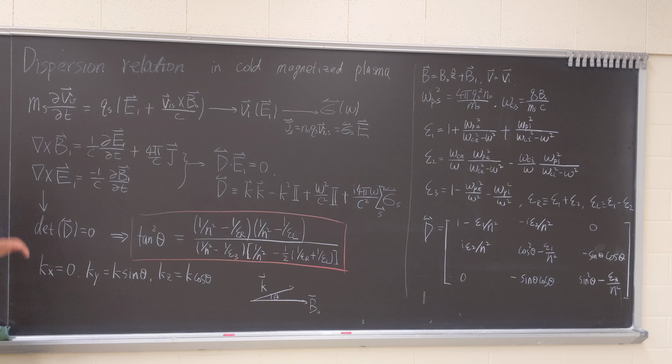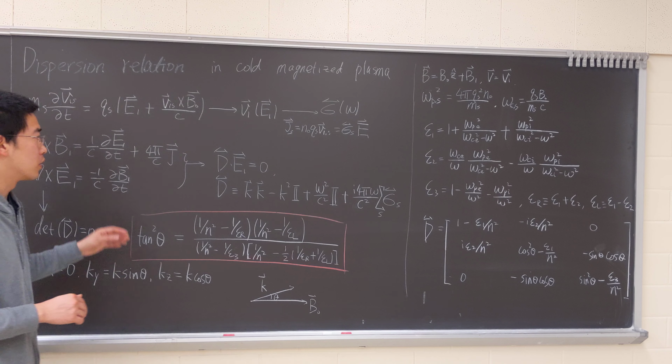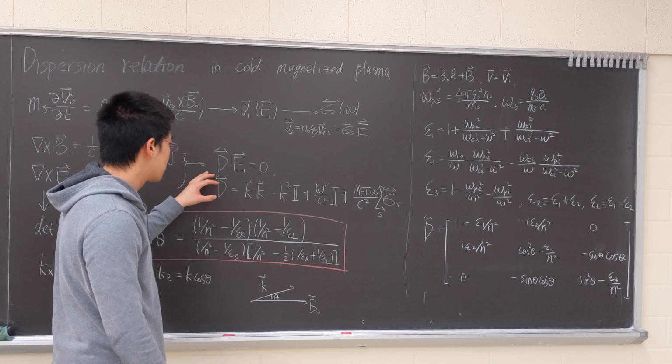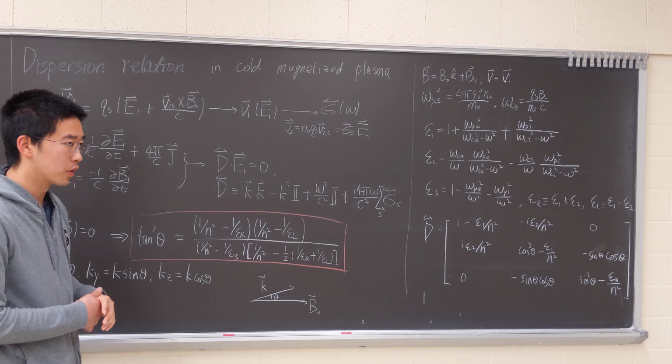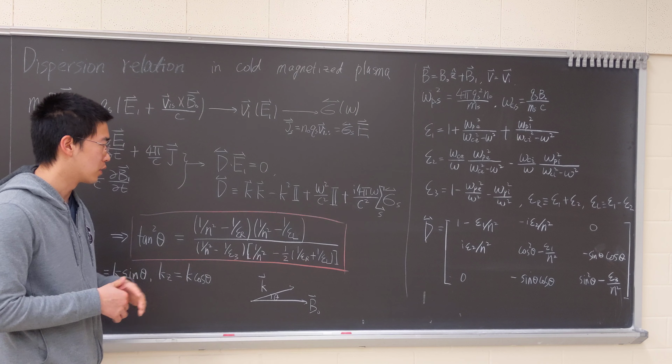We have these two Maxwell's equations. We're using some vector identities, some tricks, to solve the system of equations in such form.